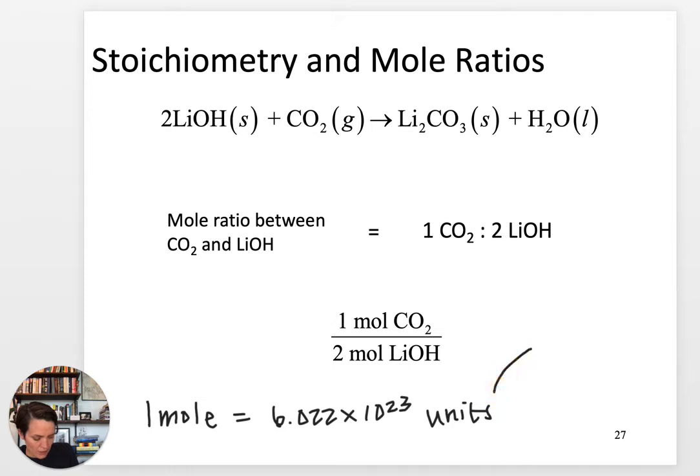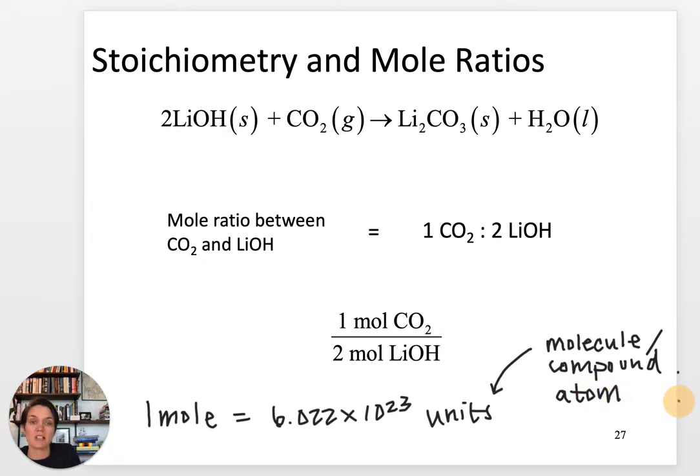Right, so when we're talking about stoichiometry, a unit is either going to be a molecule, or we can also just call that a compound. I'll use both kind of interchangeably. Or it could be, right, just like an atom. So sometimes we'll have chemical reactions where we're just looking at a metal ion, for instance, that's interacting with other species.